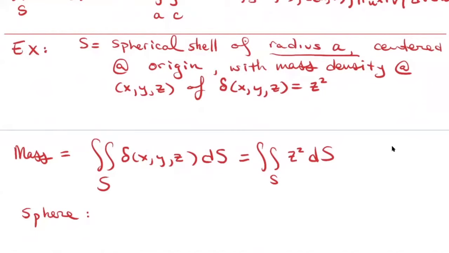Okay, so the sphere would be like an R of phi, theta. And what we said was that the x coordinate is A sine phi cos theta. Y coordinate is A sine phi sine theta. And the z coordinate is A cos phi.